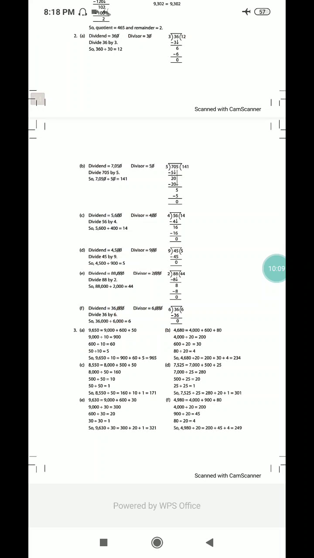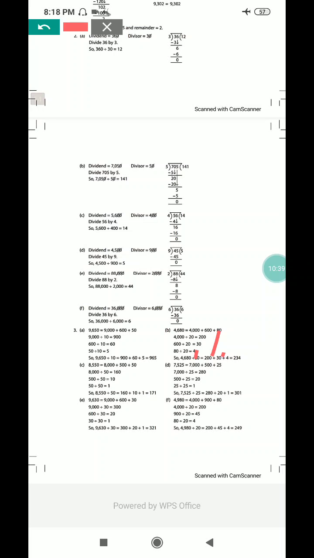Now we will do another sum, number D. 7525 divided by 25. So we will expand the number, the dividend 7525. After expanding, we have got 7000 plus 500 plus 25, and we will divide all these numbers by 25.